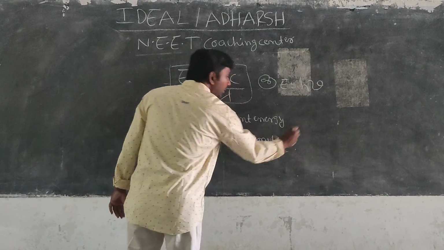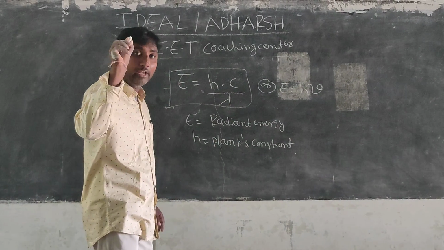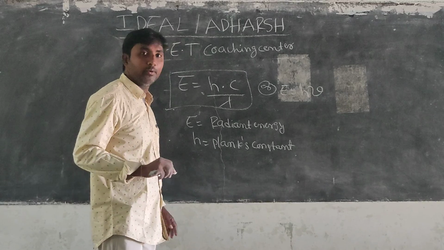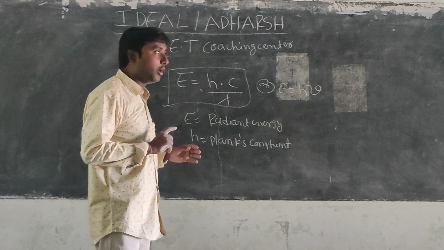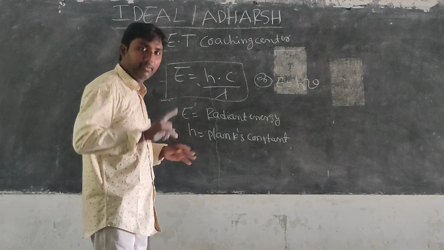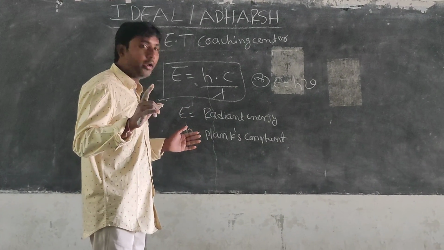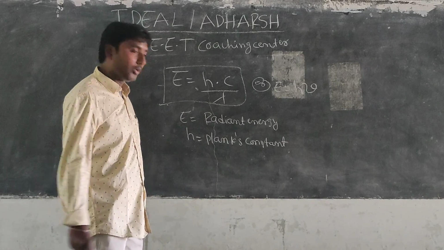He gave one fixed value for Planck's constant. So fixed values you should remember. In sums or problems in the exam, they didn't give them. You only remember and apply in the exam.